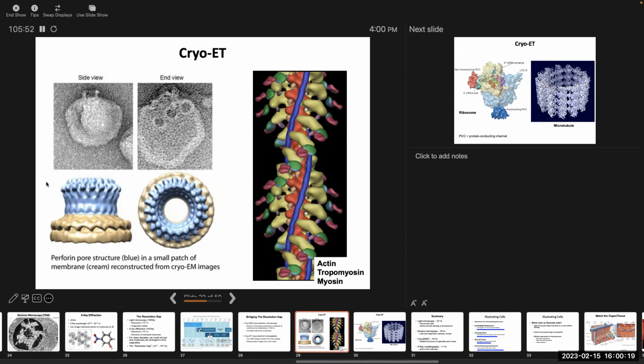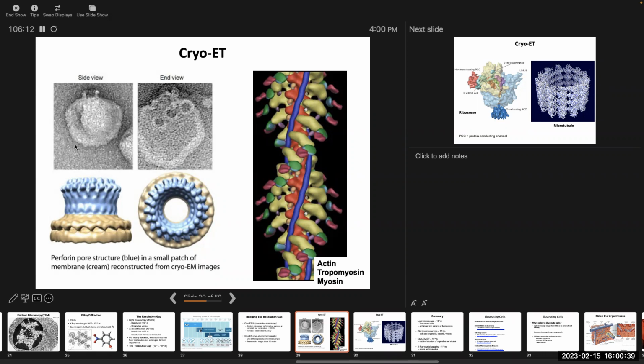It's a very large group of proteins that can actually poke a hole in the surface of a cell. And if you look up at the top, you see the original cryo-electron micrograph images that were used to reconstruct this as a 3D model.